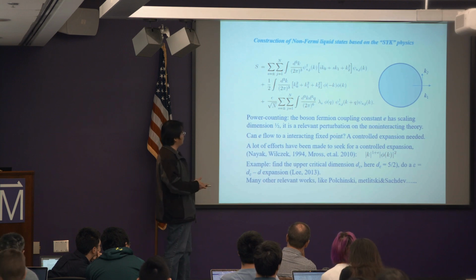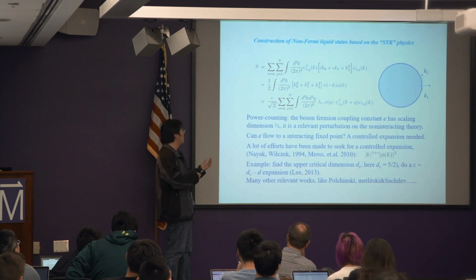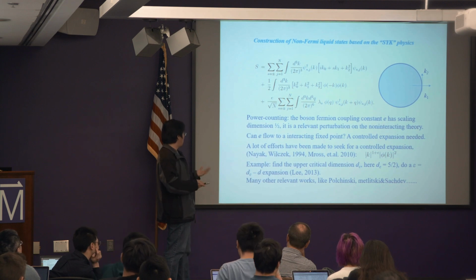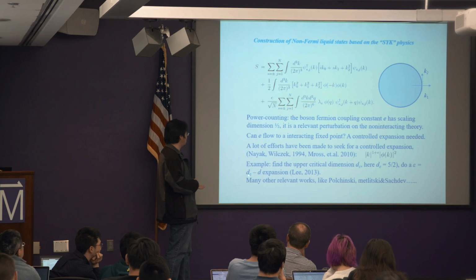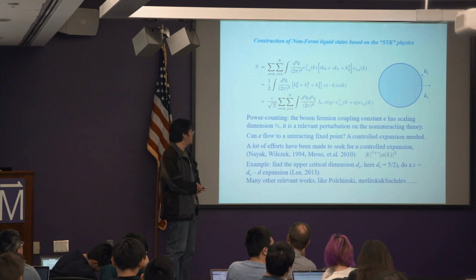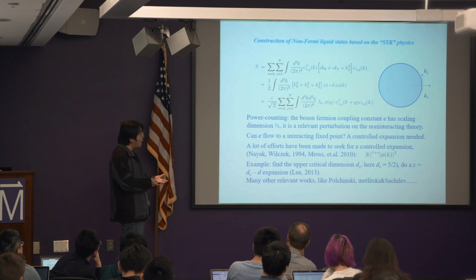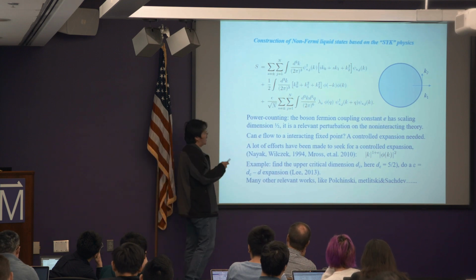Yesterday we heard that we can make the boson dispersion relation non-analytic and do an epsilon expansion, or do a dimensional expansion, finding the upper critical dimension is 5½ and expanding in epsilon equal to the upper critical dimension minus the actual dimension. There are many others. And tomorrow I'm going to talk about some perturbative methods, starting from the more traditional approach, like this one.